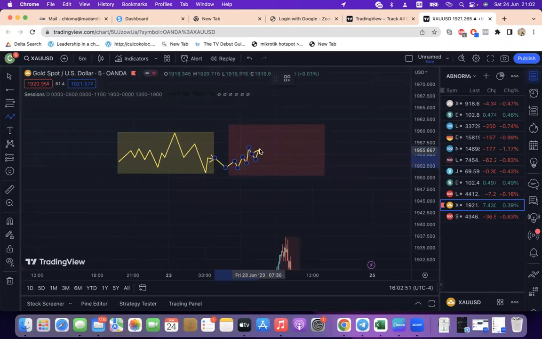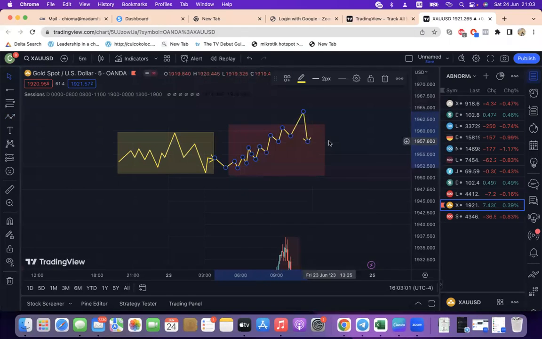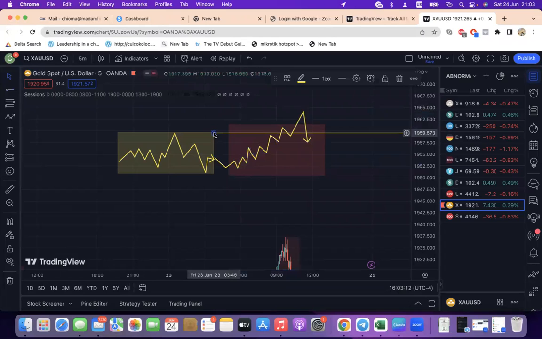Now we need to mark out and notice where she breaks first with the former session. In this case, when the New York session opened, this was the high of the London session. This is the low of the London session. The question is, where did she grab first?